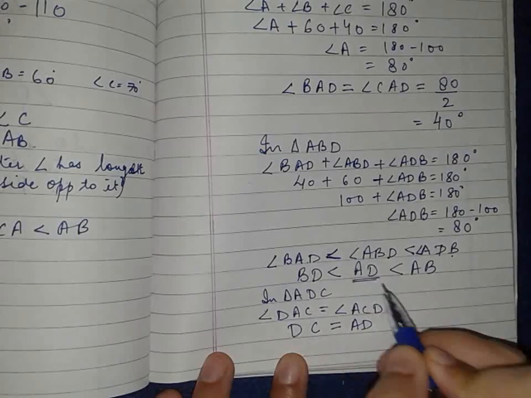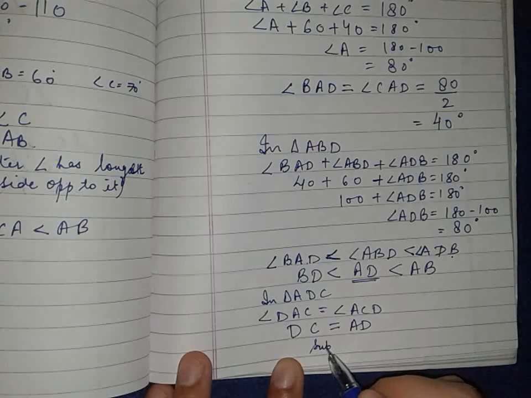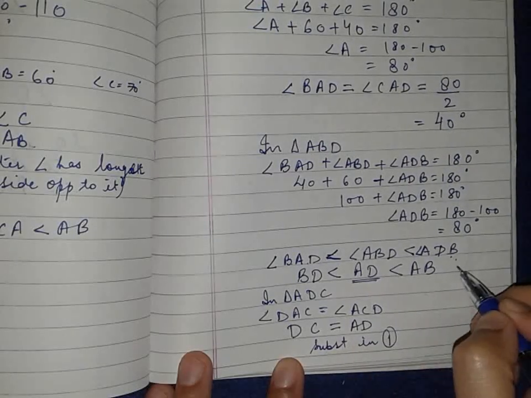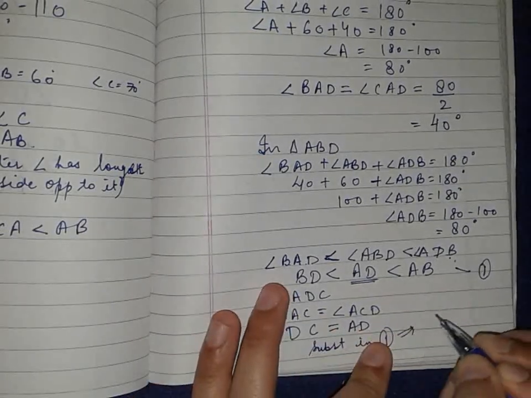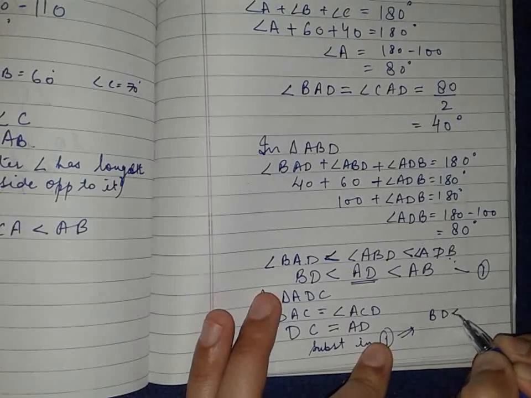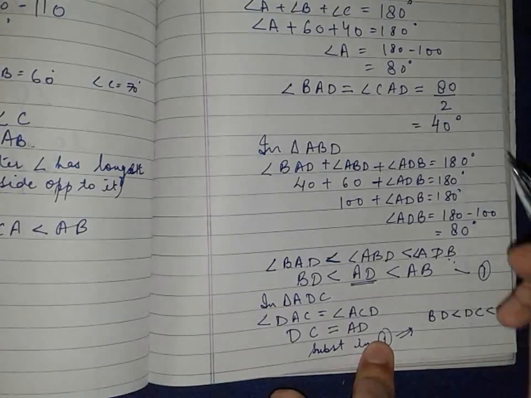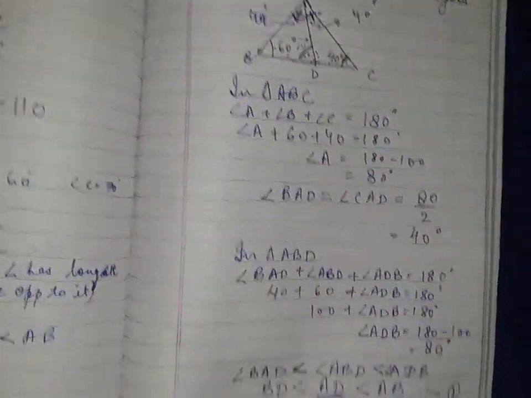So in place of AD here I can write, substituting in 1, mark it 1, substituting in 1, what do I get? I get BD is less than DC less than AB. We have substituted the value because we had to compare these three sides. AD was not to be compared.